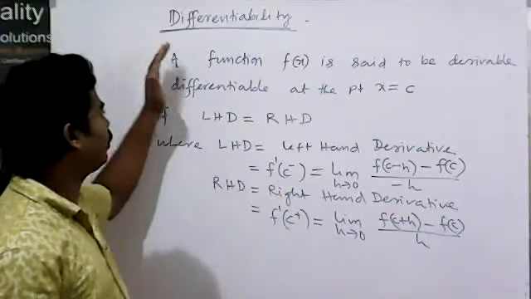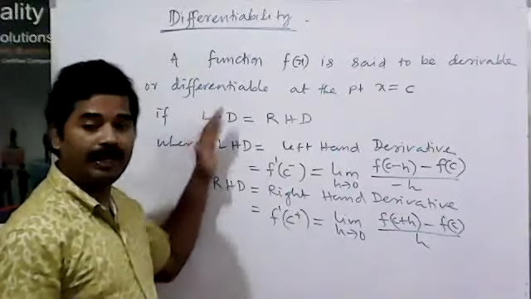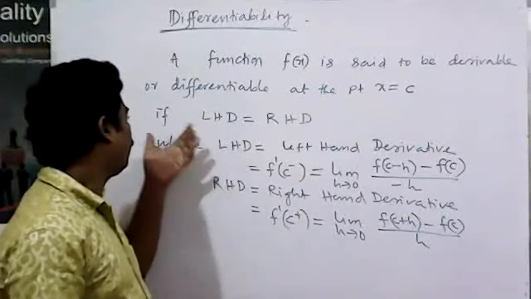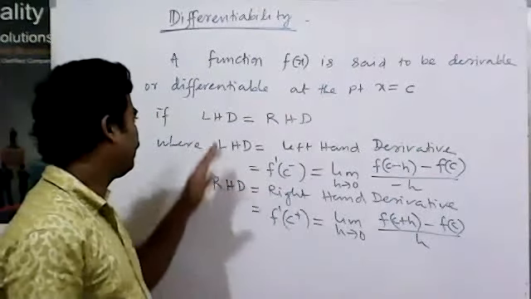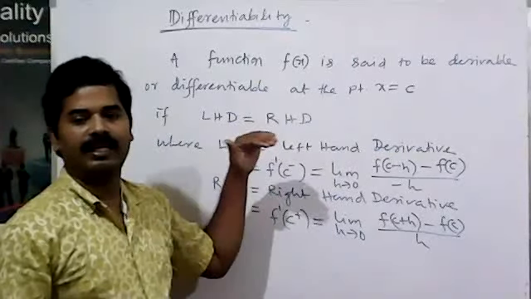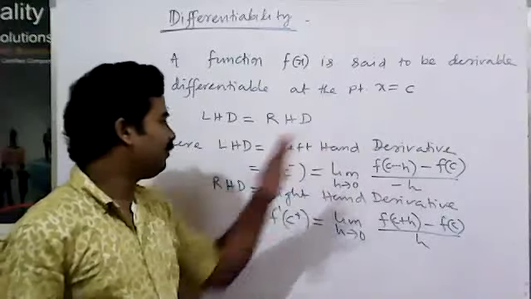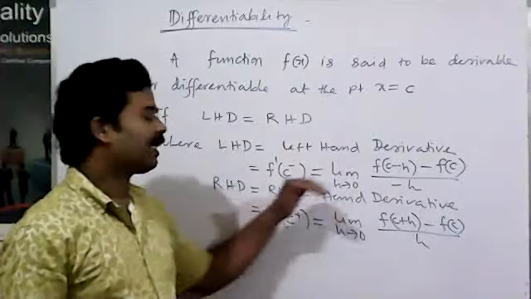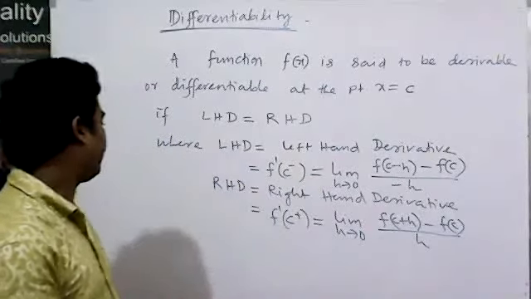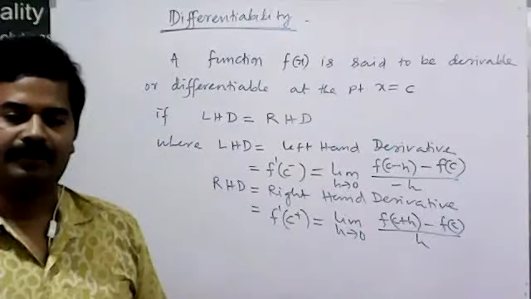If the function is differentiable at a point, or an interval is given, then if a point is given, LHD must be equal to RHD, where LHD is the left hand derivative and RHD is the right hand derivative. Now we come to the proving technique.